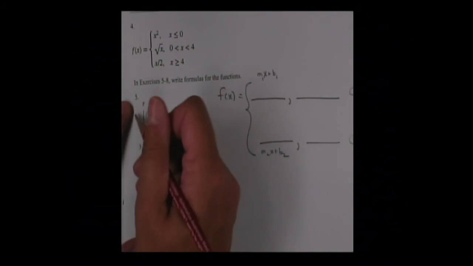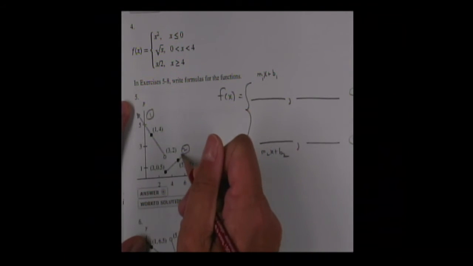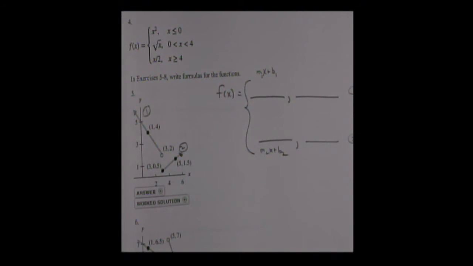And when your book does this, if they don't put the closed dots on the end, they typically want us to think of those as arrows. So if I'm on piece 1, what is the domain of piece 1? So let's see, Alex Bay, anybody want to help me out on what the domain is for piece 1? X is less than 3.